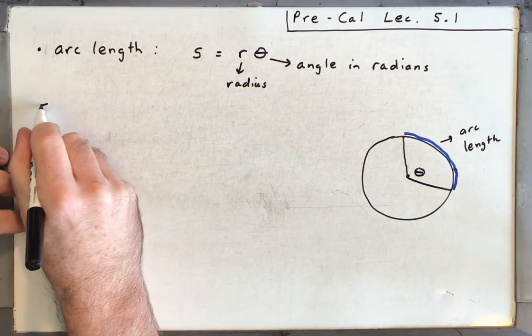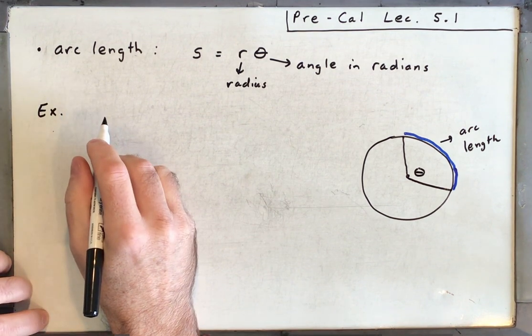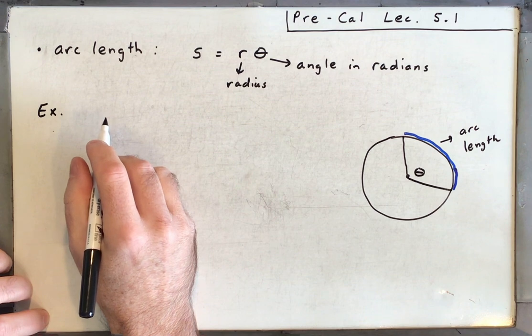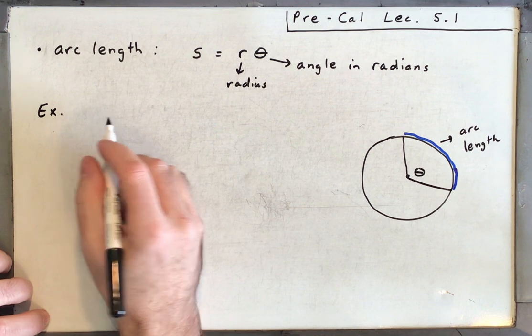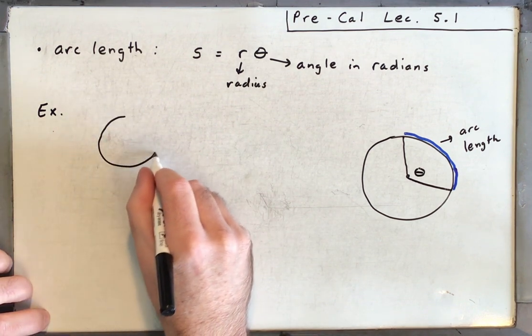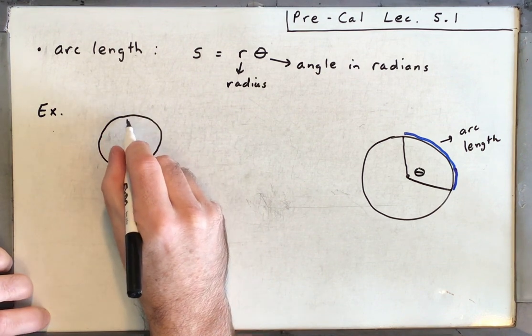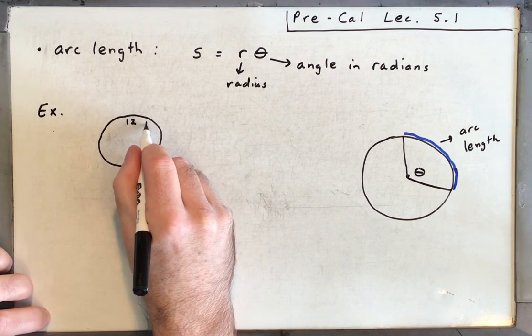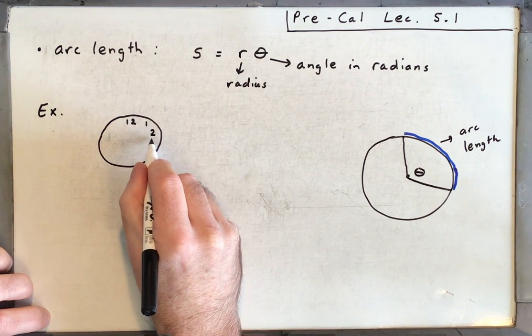Okay, so our first example about arc length says, what is the arc length of a clock between 2 and 3 o'clock if the radius is 3.9 feet and the central angle between the 2 and the 3 is 30 degrees? All right, so let's draw a clock, and we don't need to put all the numbers, but let's say here's 12, 1, 2, 3.